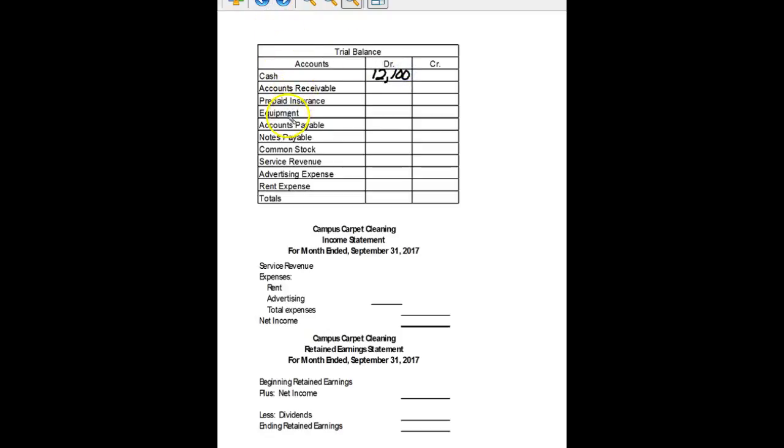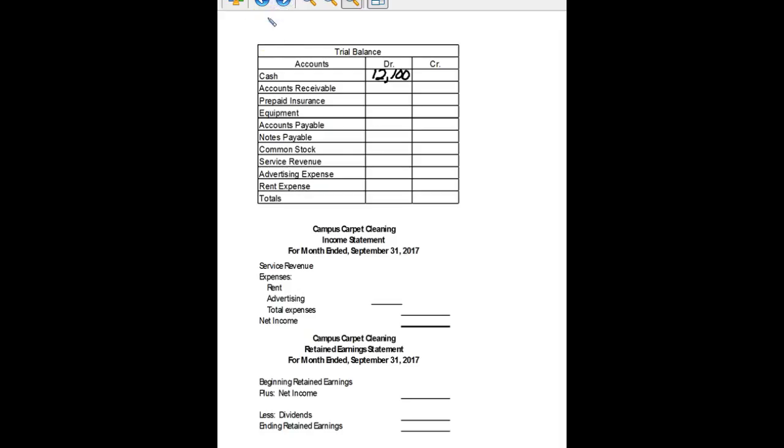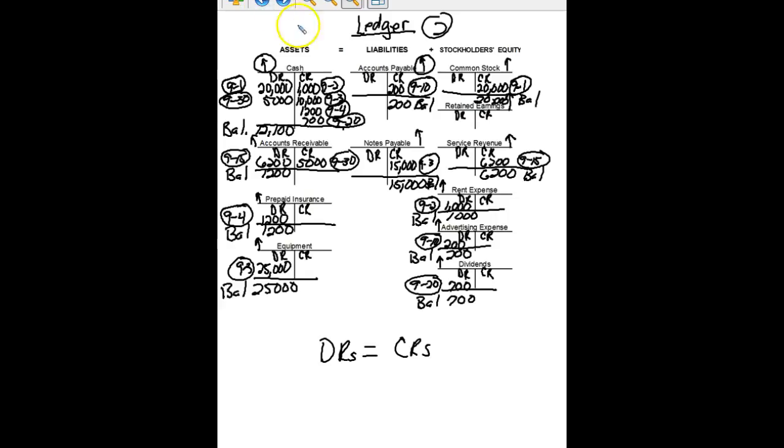And then I'll do the same for all the other assets. So I'm going to list accounts receivable, $1,200, prepaid insurance, $1,200, and equipment, $25,000. So 1,200, 1,200, 25,000. And then we move over to the credit side, because accounts payable will have a credit balance.